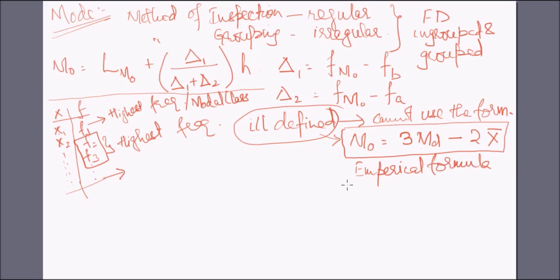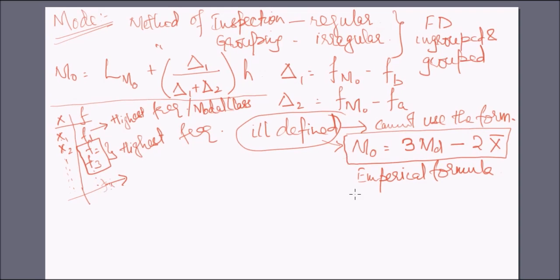And when the mode is ill-defined, let me just repeat, whenever you have more than one highest frequency or more than one model class, either in case of method of inspection or method of grouping, whether for grouped or ungrouped data, or you have the highest frequency falling in the first or the last class. Let me write that here.